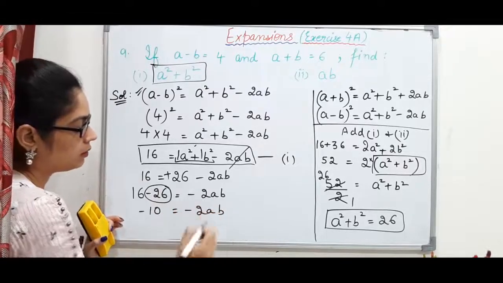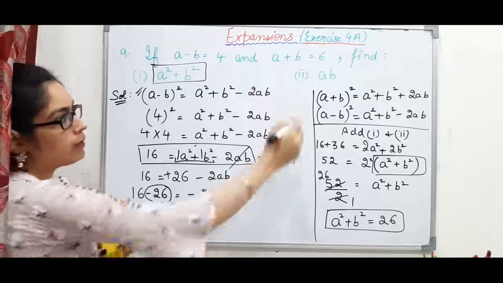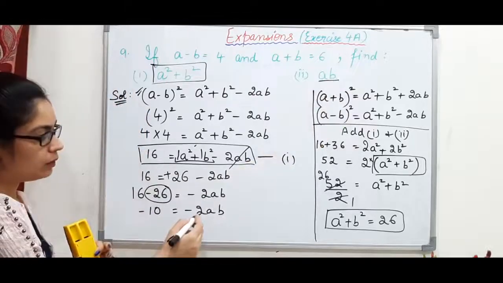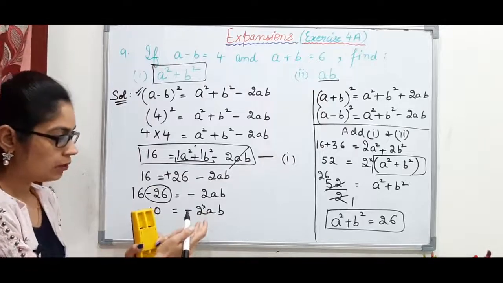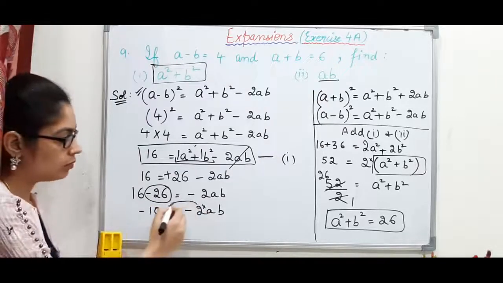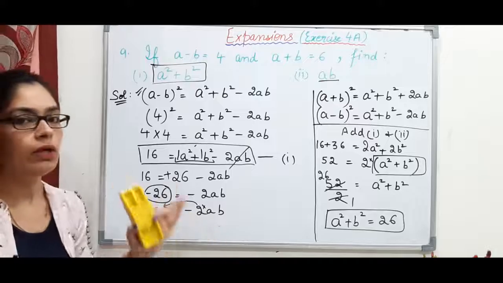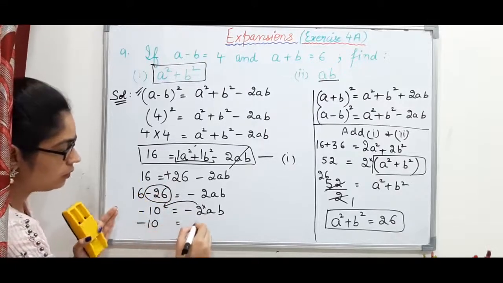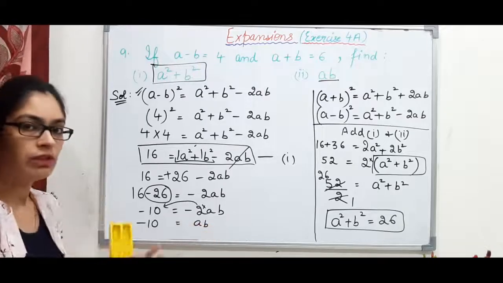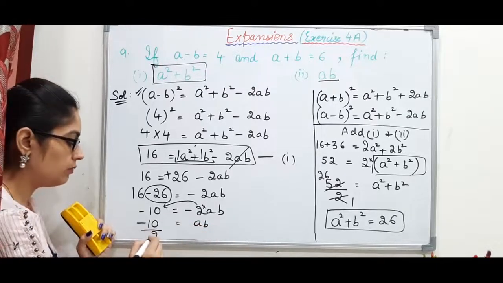Is equals to minus 2ab. Now only ab we need, see, but here 2 is also there and this 2 is getting multiplied. So multiplication on changing the side, this also we have to shift to other side, because we only need ab. So minus 10 is equals to, multiplicative term, when we shift it to other side it will be changed into division.